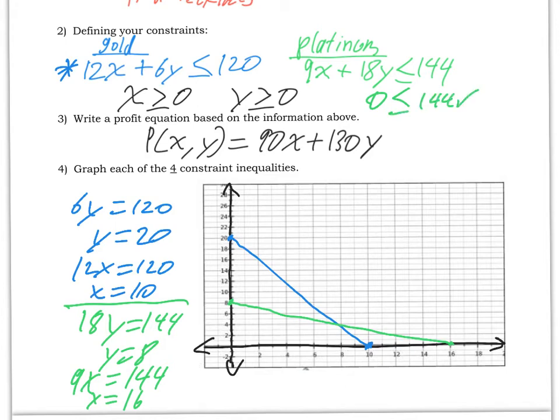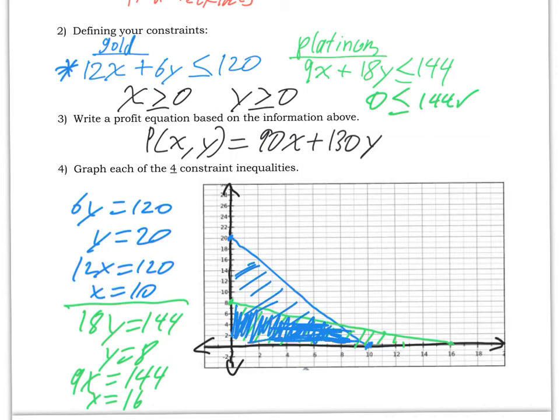So we'd be shading down here below that green area. And then for the gold, same thing. If I plug in 0, 0, I get 0 less than 120. That, of course, is true. And so we'd be shading down here below the blue line. And of course, our feasible region then is this area, this region down here.